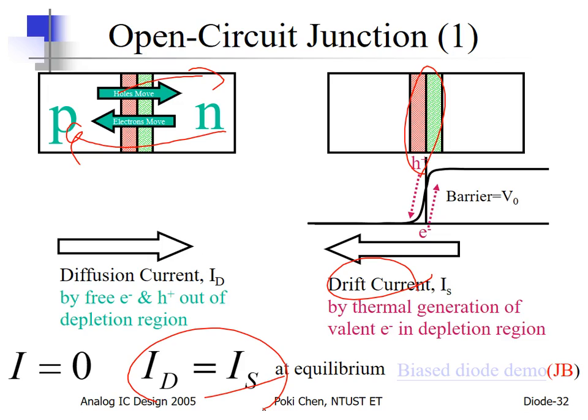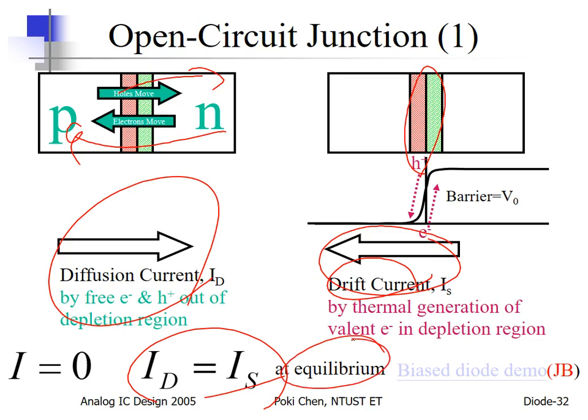Stabilize, equilibrium. Nothing will happen since. On average, they will stay the same. The same number of carriers diffuse to the other side, and the same number drift back to cancel each other. You get some kind of equilibrium.